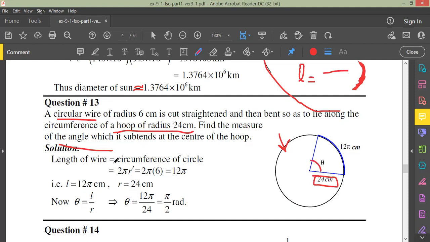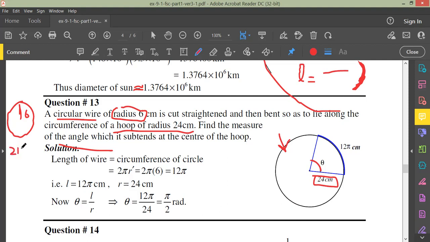So the length of the wire will be equal to the circumference of the circle. This is the radius. From the radius, if we want to find the length of the wire, because this is a circular wire, we are given the radius, which is 6. To calculate the length of this whole wire, we will multiply by 2 pi.